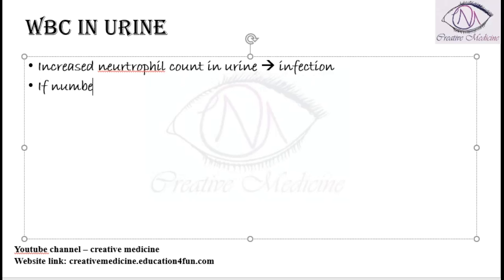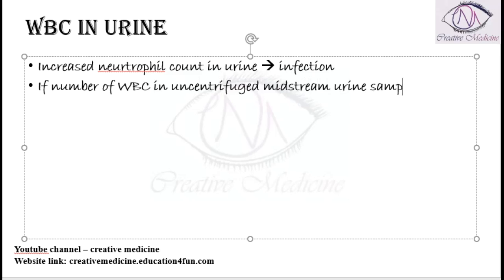Then, if the number of WBCs in an uncentrifuged midstream urine sample in a woman is more than 10 per ml, then it is abnormal.